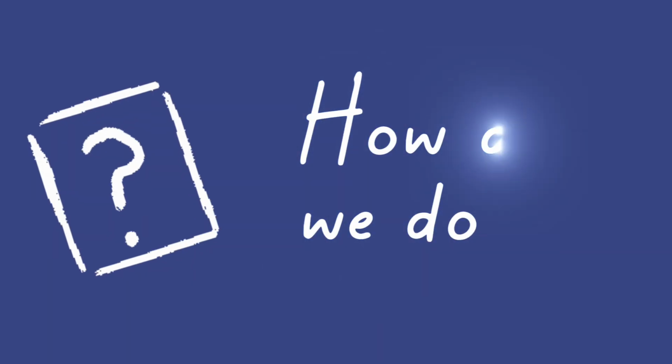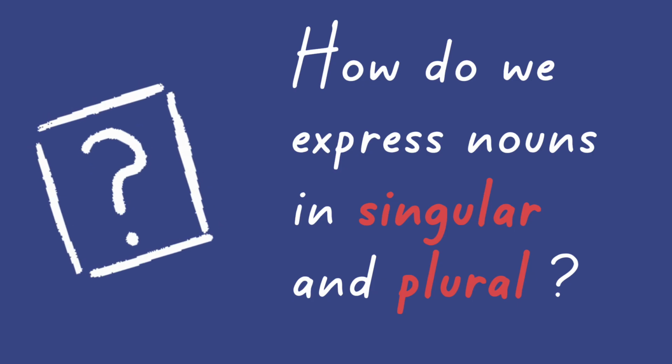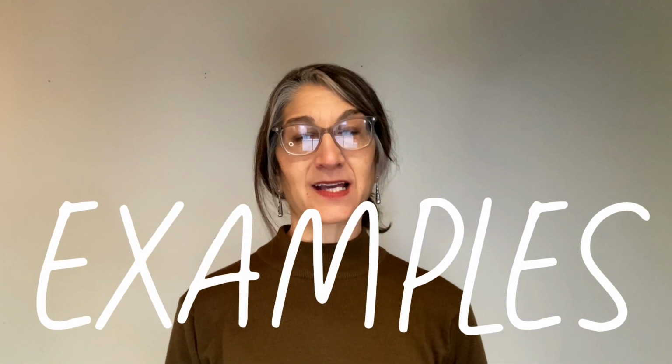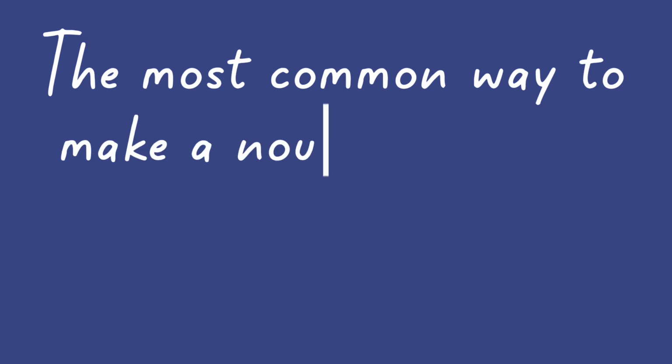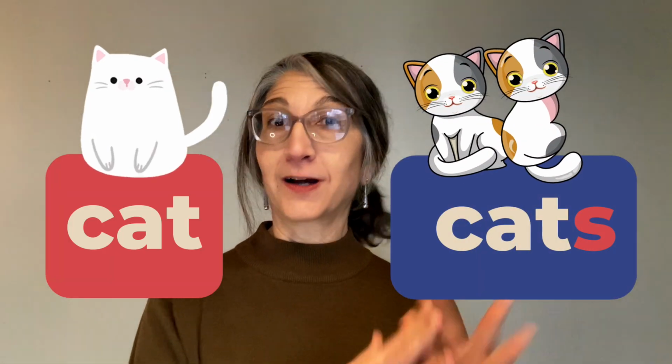So, how do we do it? How do we express nouns in singular and plural? Well, let's look at some examples. The most common way to make a noun plural is to simply add an S at the end of the word. For example, one cat, two or more cats.